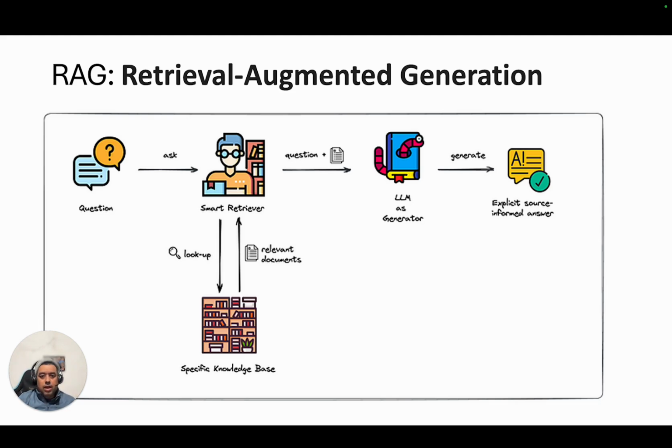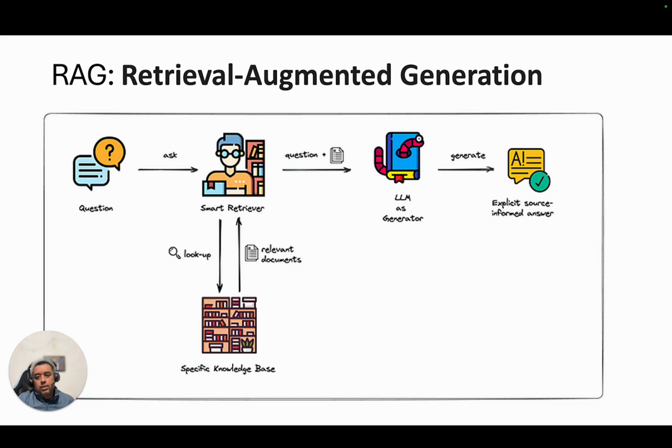But whatever happened after that, or whatever information is there on the web, can't be captured by that model. So basically, to augment this data, we use a technique called retrieval augmented generation.